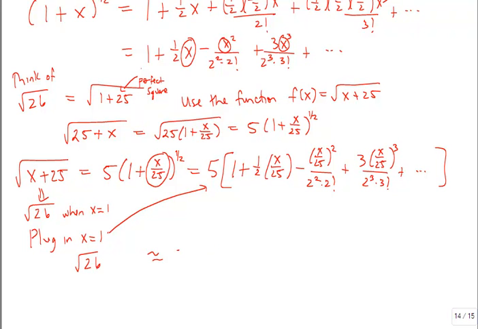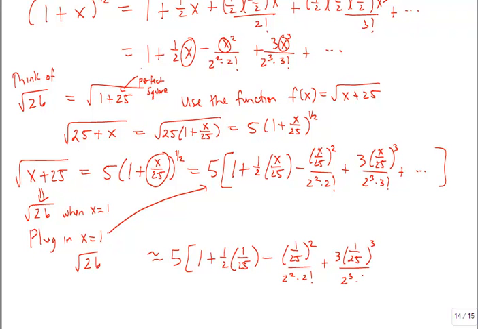So it's got to equal 5 times 1 plus 1/2 times 1 over 25, we're using x equals 1, minus 1 over 25 squared over 2 squared times 2 factorial, plus 3 times 1 over 25 cubed over 2 cubed times 3 factorial, etc.